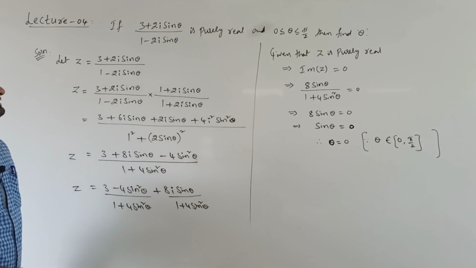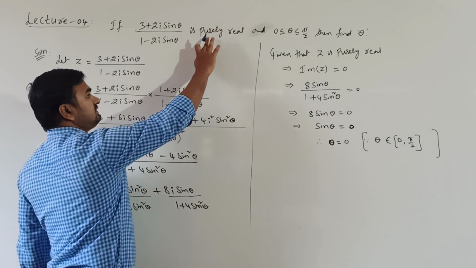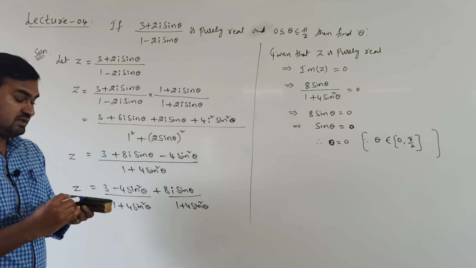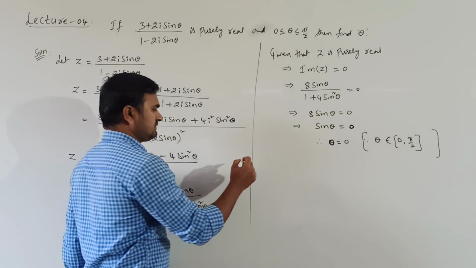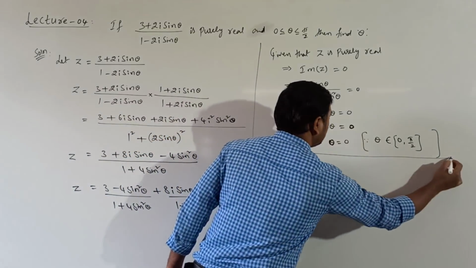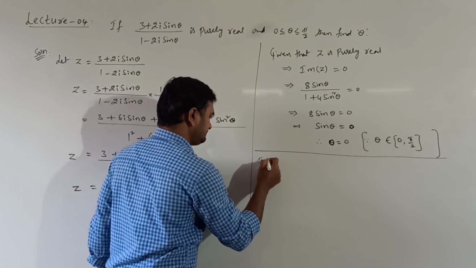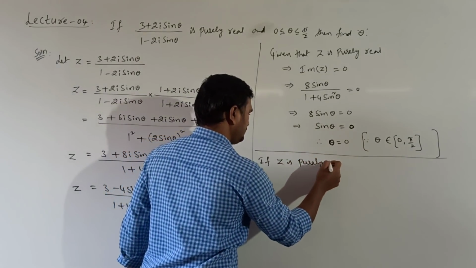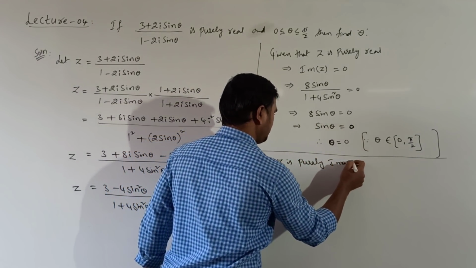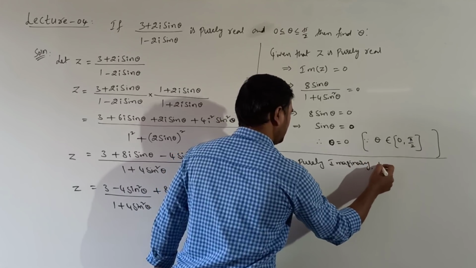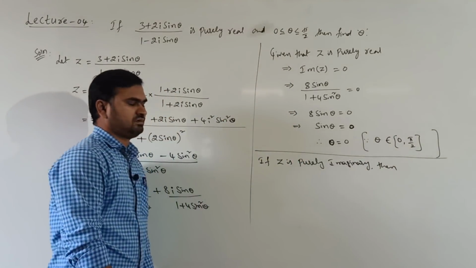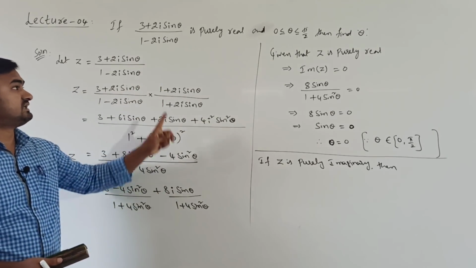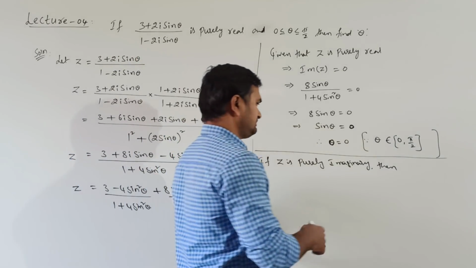Now, suppose in case it is given that z is purely imaginary, then its real part must be 0.